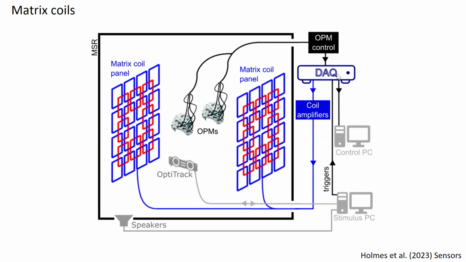So coming up with even more elaborate configurations of coils on all the walls, and also on the ceiling and on the floor of the magnetic shield room, with which the residual field and the gradients can be further suppressed to create a noise-free environment where the OPMs work well, but also where head movements do not cause large artifacts.